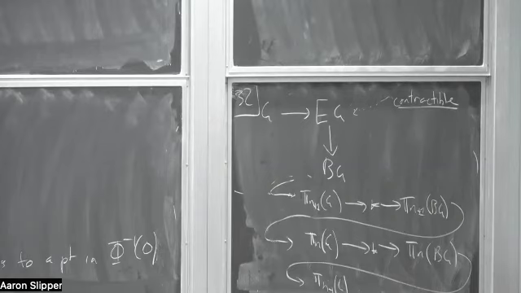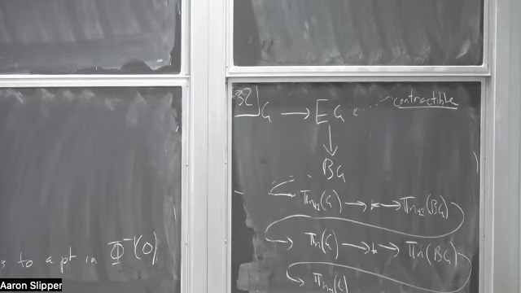Okay. So that tells you that we're assuming that G is connected. That tells me that pi naught of BG is equal to a point. Pi 1 of BG is equal to pi naught of G is equal to a point.